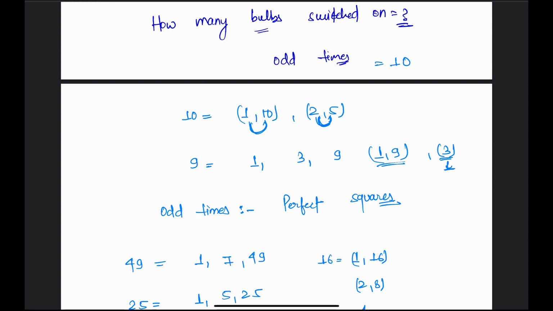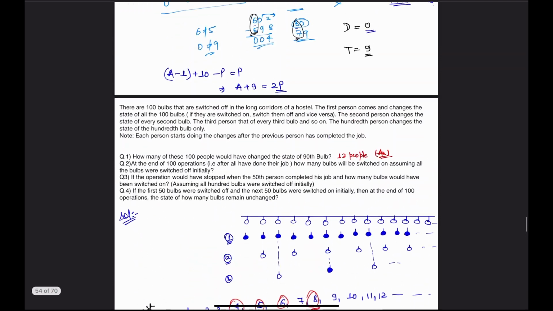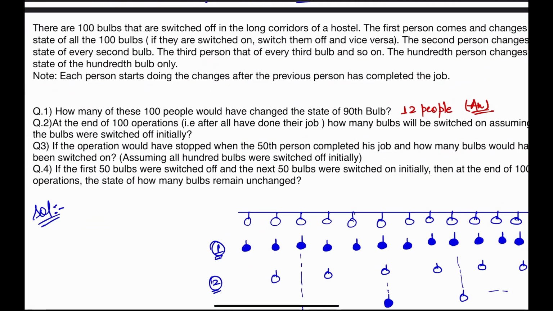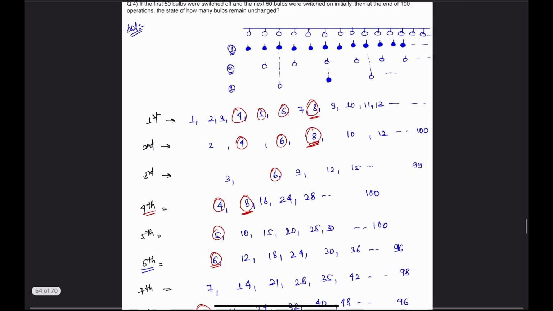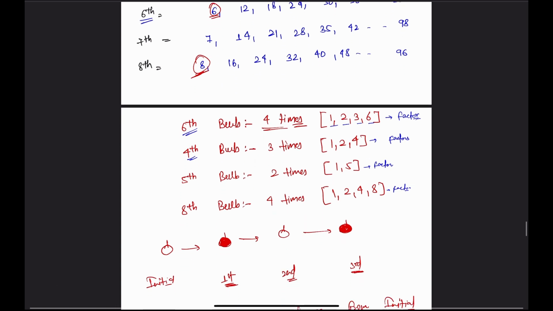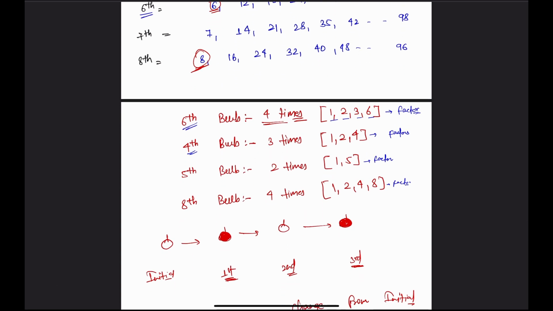The answer of B is a total of 10 bulbs. Okay, so these two questions have already been completed.